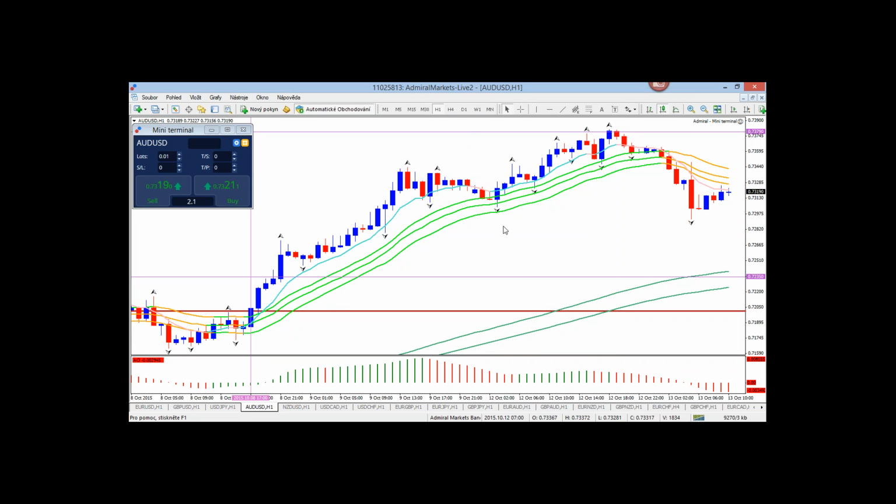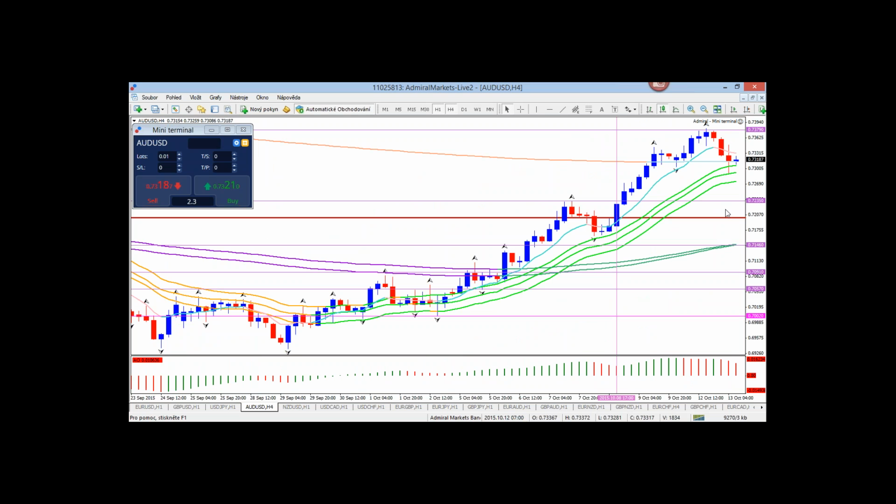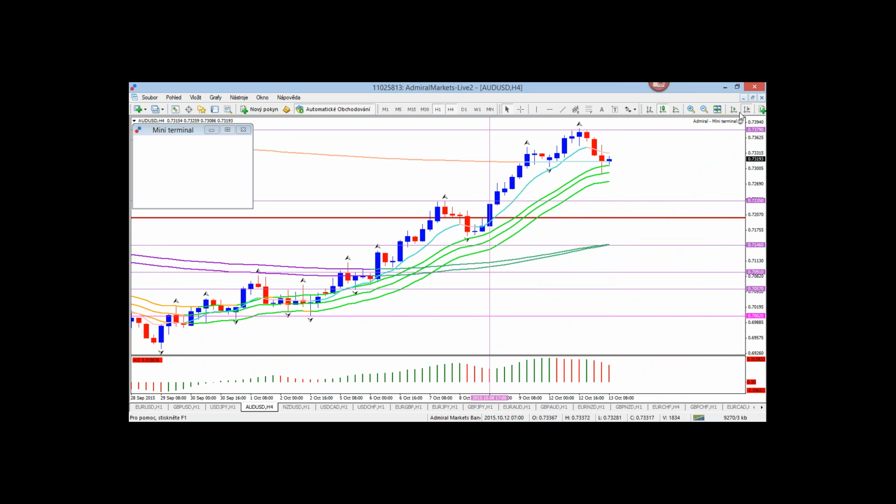Now we're at level 5. So personally, I would rather see price get back to the 4th level. At level 5, I would rather see a bit of a deeper pullback, because before it gets up to level 6, there's a lot of space.